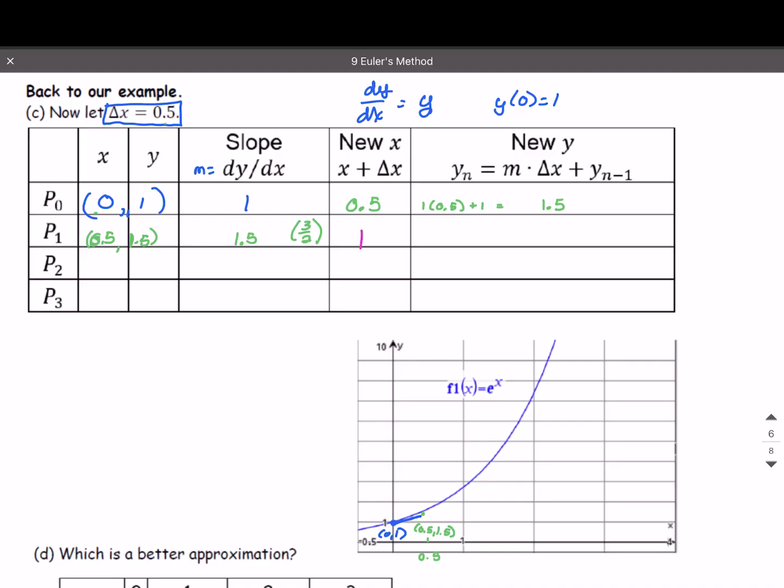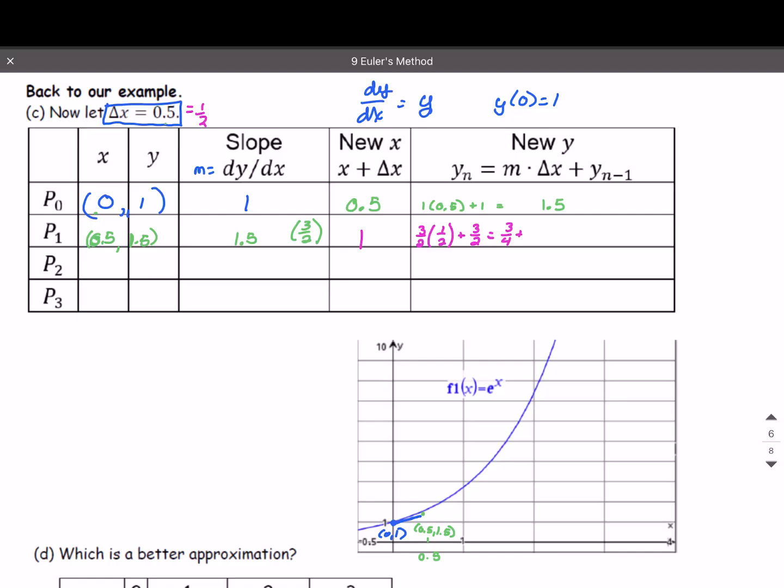Now our y value is going to be the slope 3/2 times our delta x. Now 0.5 is the same as 1/2. Whatever is easiest for you to do the computations with, that's fine, even if you're using your calculator at this point. Plus our old y value was 1.5, or 3/2. So 3/2 times a half is 3/4.